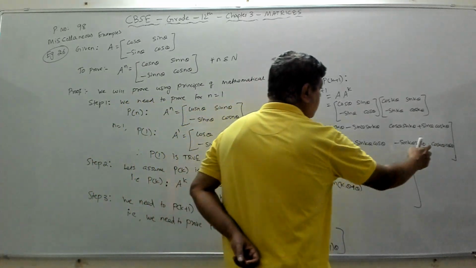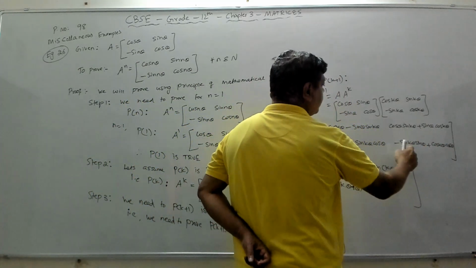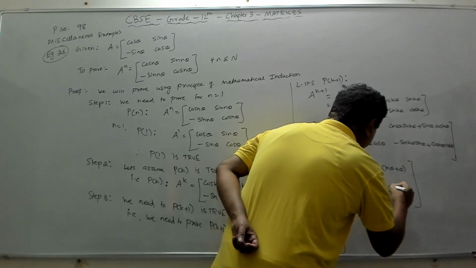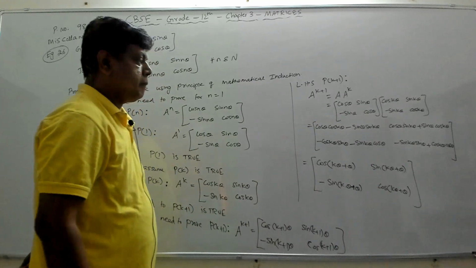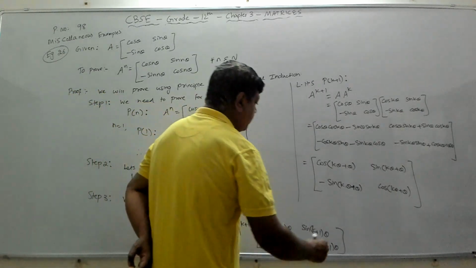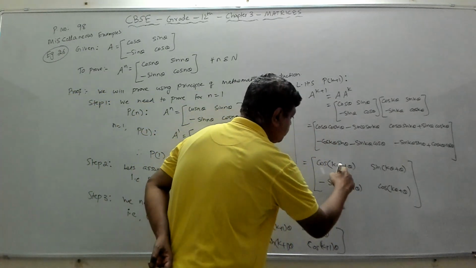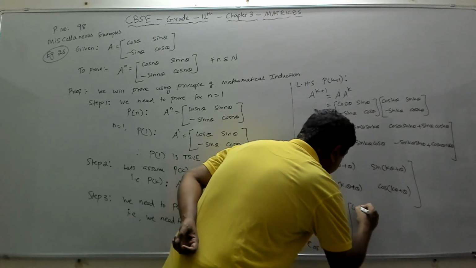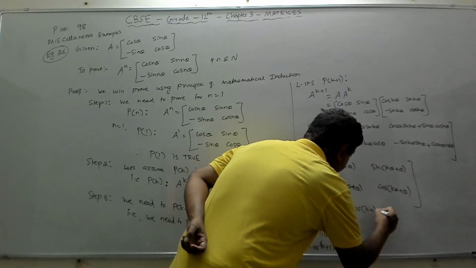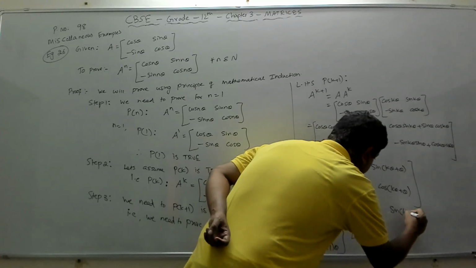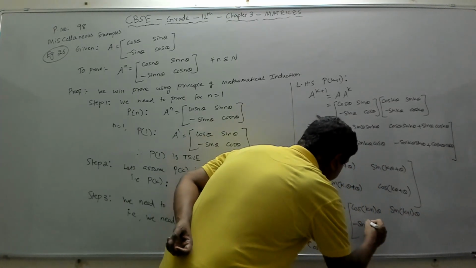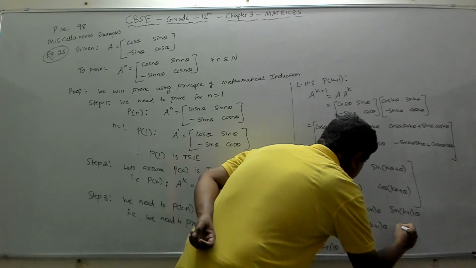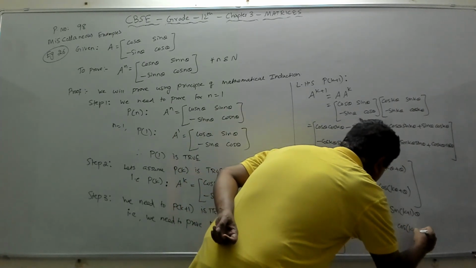And cos A cos B minus sin A sin B is cos of A plus B. Right? So if I take theta common from these, I will get [cos of k plus 1 theta, sin of k plus 1 theta; minus sin of k plus 1 theta, cos of k plus 1 theta].